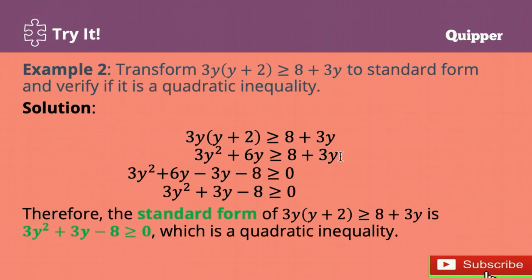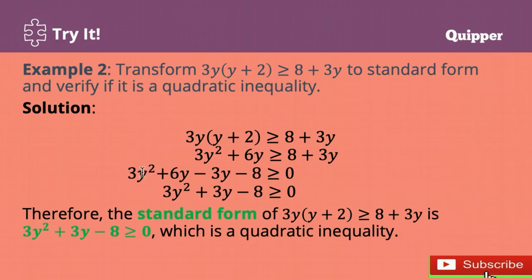And then transpose all the terms from the right side to the left-hand side of the inequality. And then we need to simplify whenever applicable. Here, we need to combine like terms. 6y minus 3y are similar terms, so we can combine them. 6y minus 3y is positive 3y.